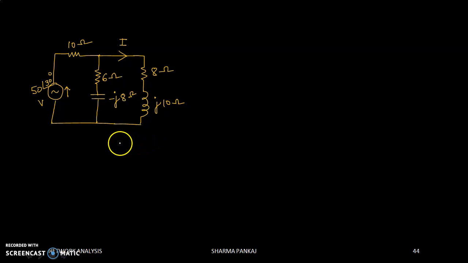Now what we are going to do, we are going to interchange the position of the excitation and the response. Means we are going to interchange this one. So the circuit will become like this.